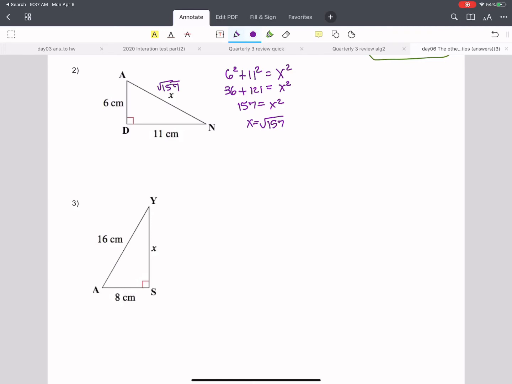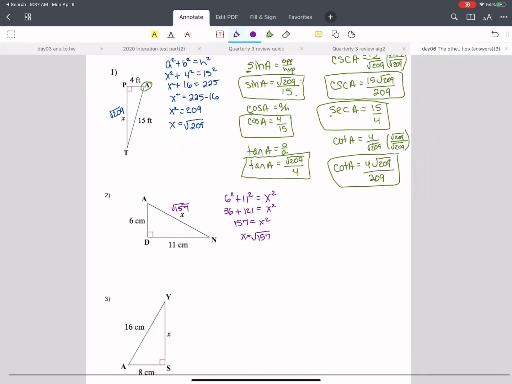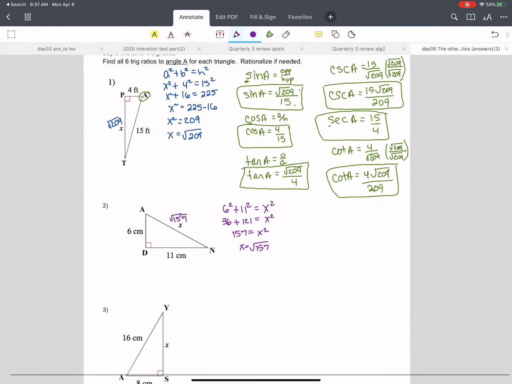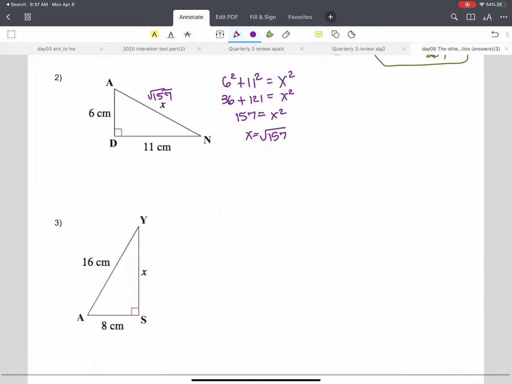Okay, so now the directions say to find all 6 trig ratios for angle A. So here's angle A, right? So you have to be able to identify the opposite, the adjacent, and the hypotenuse.